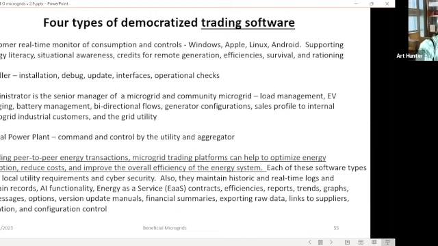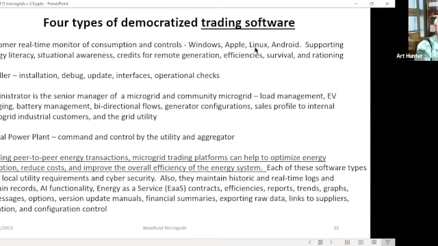And of course, these do use all the latest technologies, including blockchain and AI and energy-as-a-service contracts, etc., as well as the ability to generate reports and graphs, etc., which people need to be able to make decisions in the future as to how they're going to operate their systems.